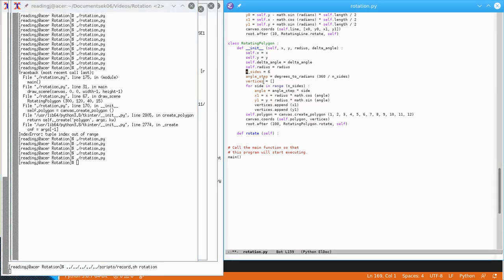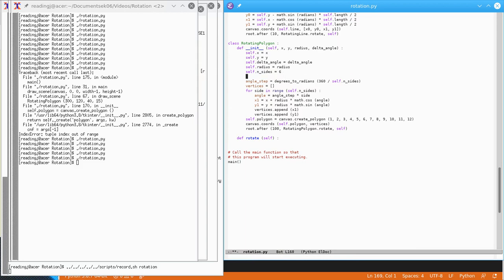So we're going to find everywhere it says insides, and we're going to do self.insides. Okay. We're going to say self.angle equals 0. And then everywhere it says angle step, we're going to make it be self.angle step.